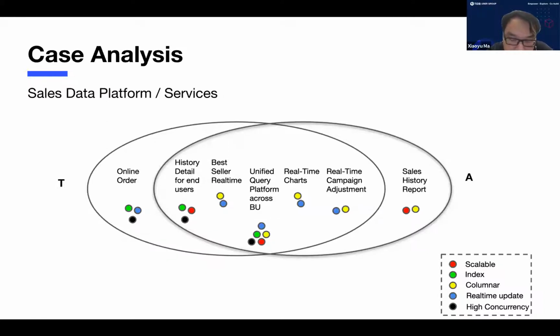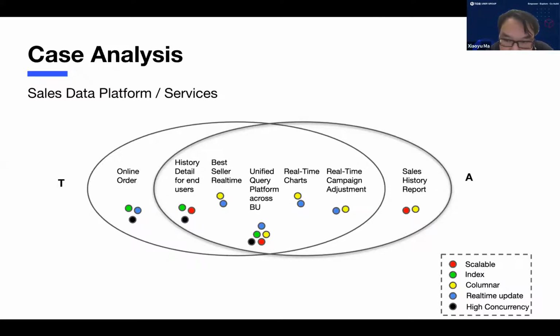And you provide a single platform to store all those different business unit data and to provide analytics on top of that. So if you want to sync data from the TP side in real time, then this database needs to be able to update data in real time, and you need to provide something like point queries to locate specific records.